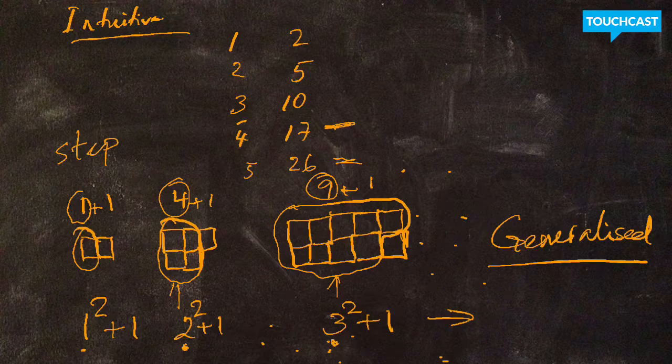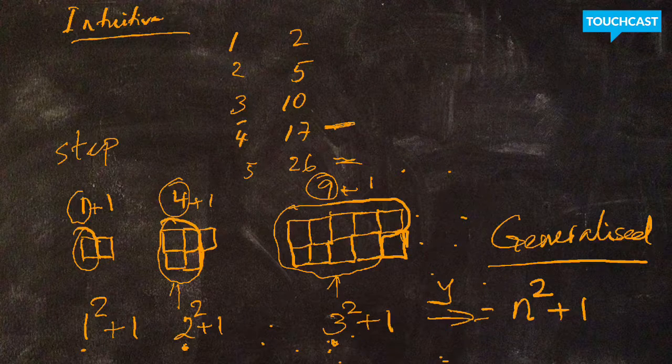That's what generalization is. It'll be n squared, any kind of number, n, plus 1. And that gives me the number of small squares required. So if we call it y, it's totally up to you how you call those variables.